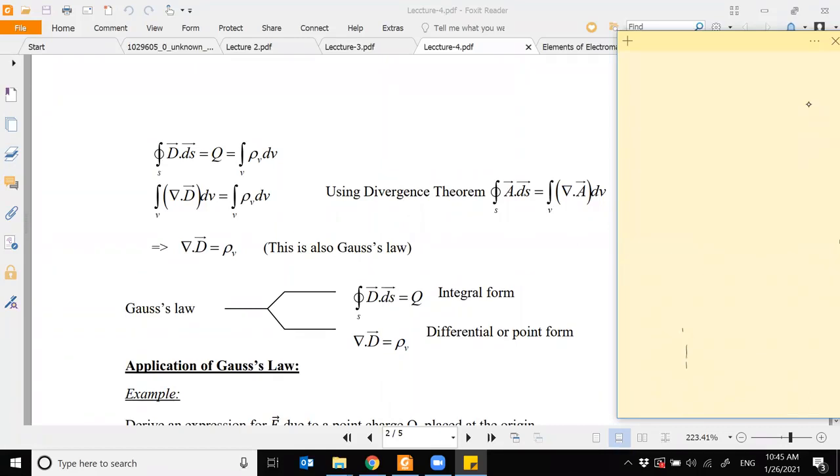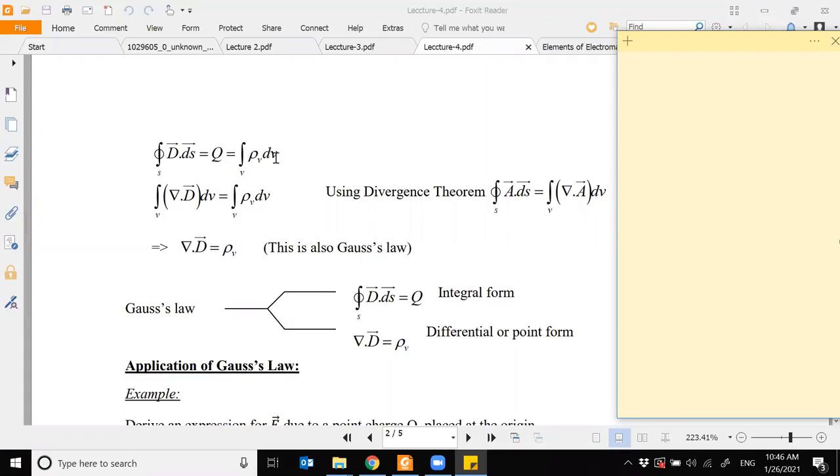For any general case, I can find the charge Q as the integral over v of rho v dv. Clear? Because your surface charge and your line charge are essentially special cases of your volume charge. So your volume charge is the more generalized one. That's why I can say that this Q is nothing but the integral over V of rho v dV.